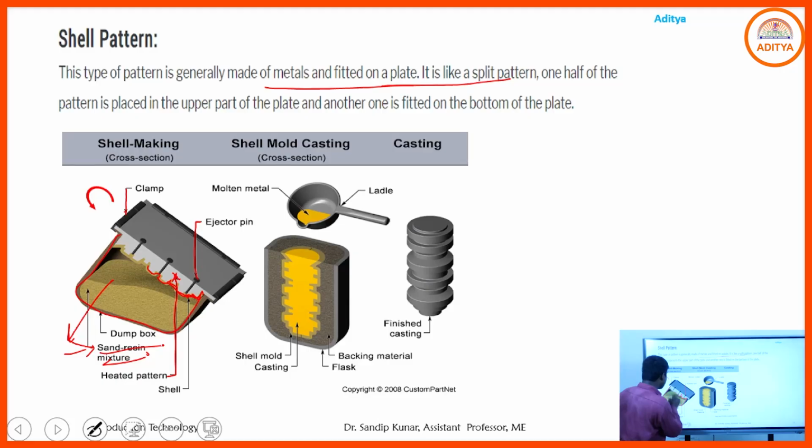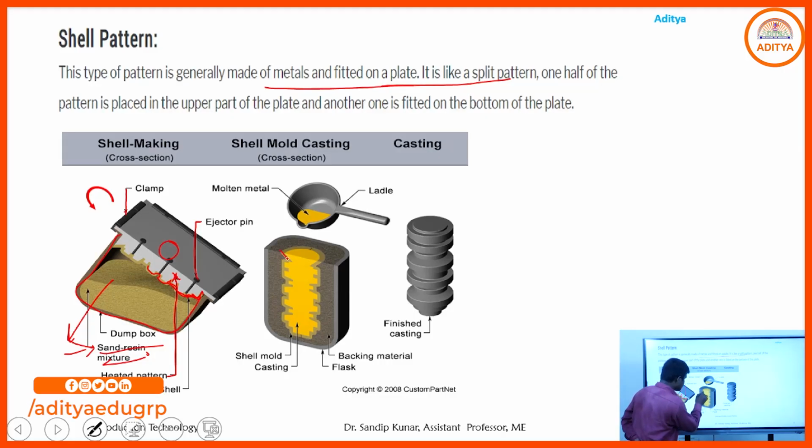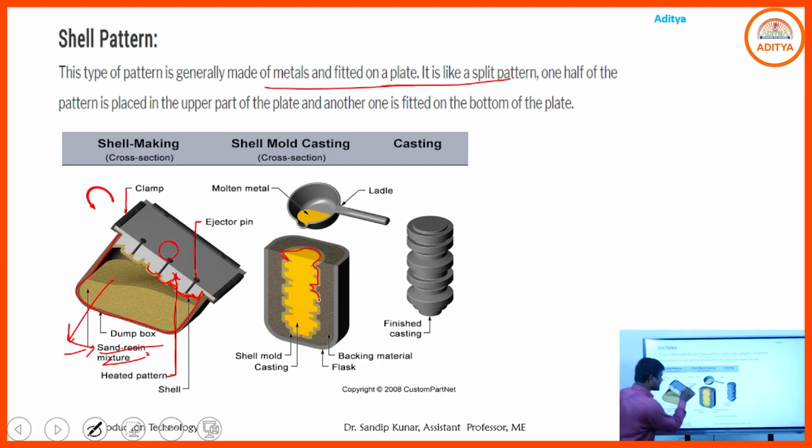After preparing the shape using that heated pattern, we open the ejector pin and remove the pattern, and then that type of cavity will be formed. That is the molding box with the sand resin mixture as the molding material.